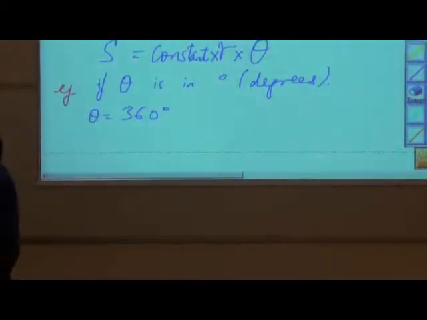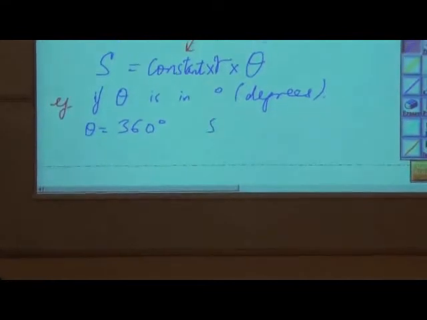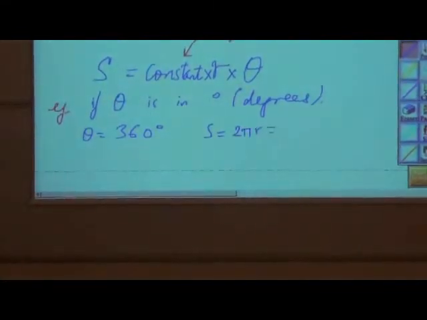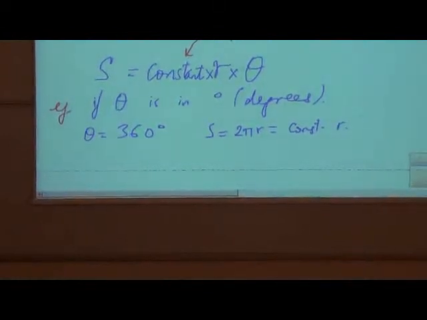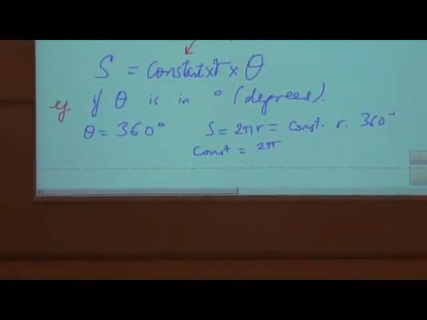Theta equals 360 degrees. Okay? If I start from here, and my object turns by a full circle, comes back, and if I'm measuring the angle theta in your usual degree units, the angle is 360 degrees.